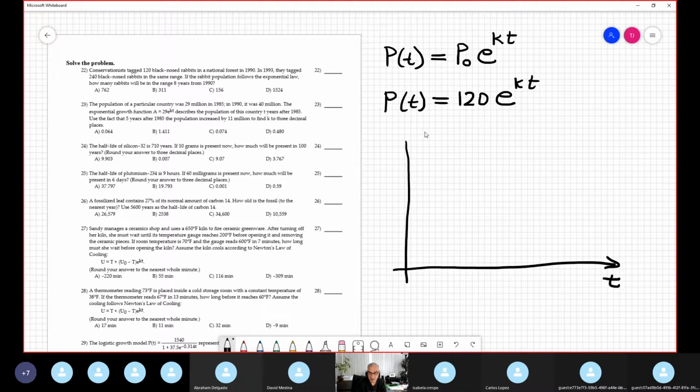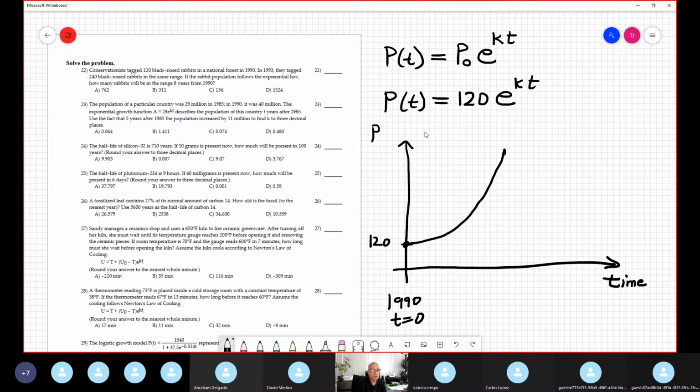This is the line of time. And this is the line of rabbit population. At the beginning, we have 120. And this situation happened in 1990, which I consider t equals 0. Now population grows like that, boom.